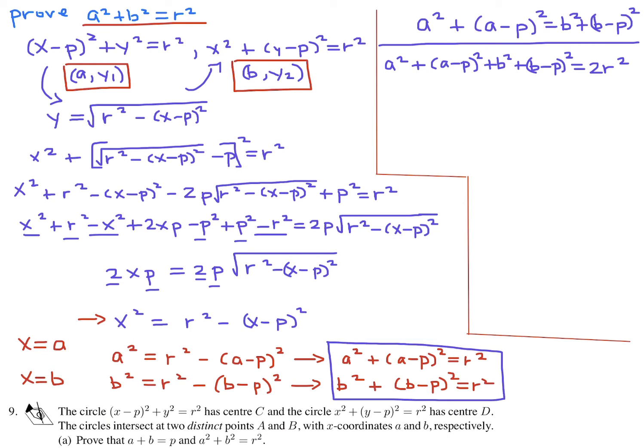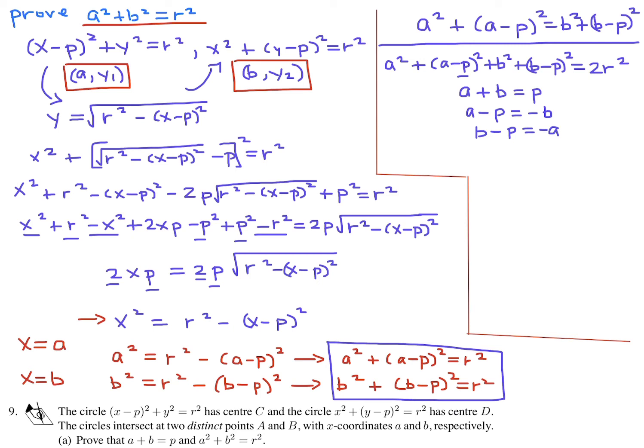But before I expand it, I want to use something that I already proved earlier. If you recall, in my first proof, I proved that a + b was equal to p, correct? And if that is the case, then that means that a − p is equal to −b, and b − p is equal to −a.